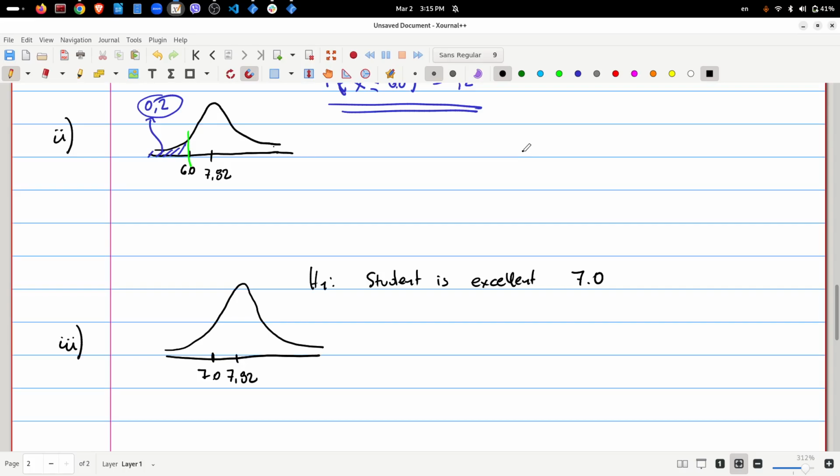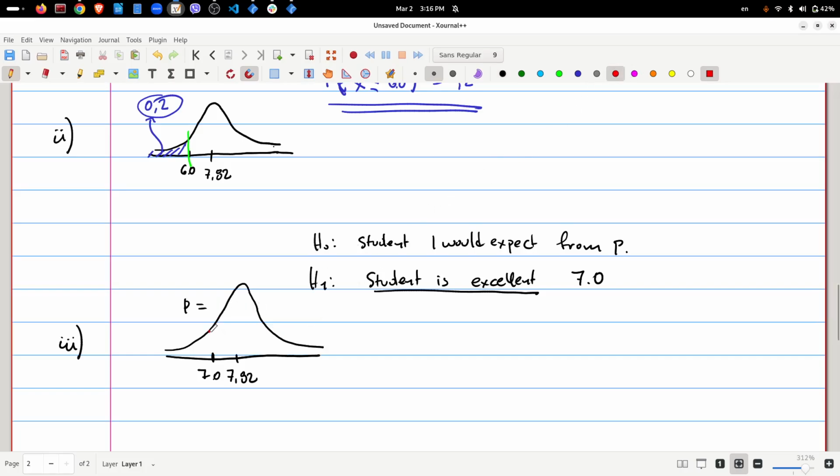And H0 is that actually the student is really a student that I would expect from this distribution. That the mark is something that I would expect from this P. Since the student claims that he's an excellent student, then I would like to see how easily I can get a mark 7 or greater based on this distribution.